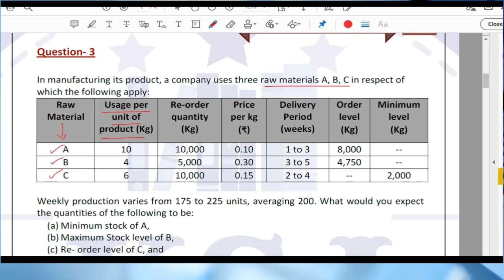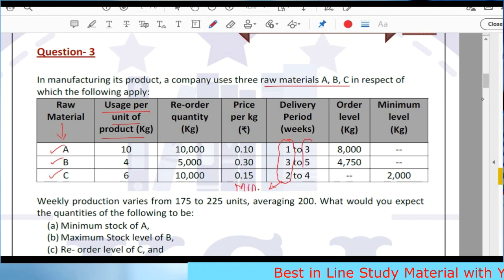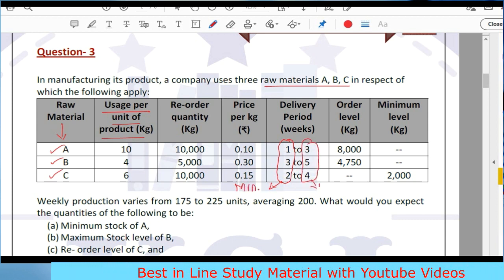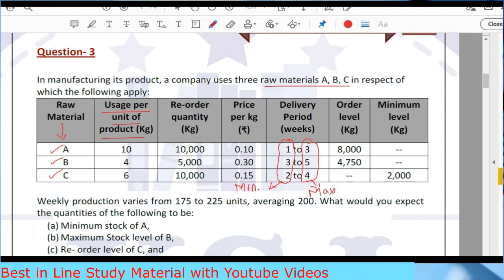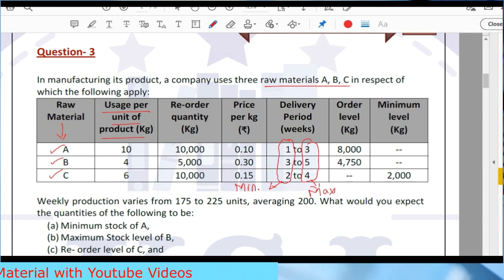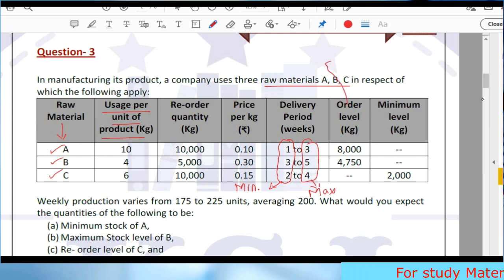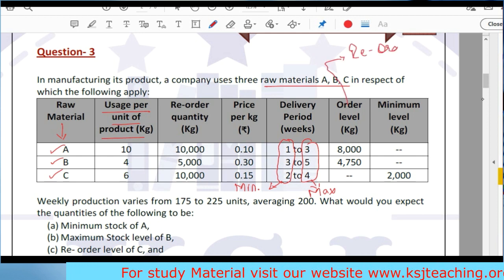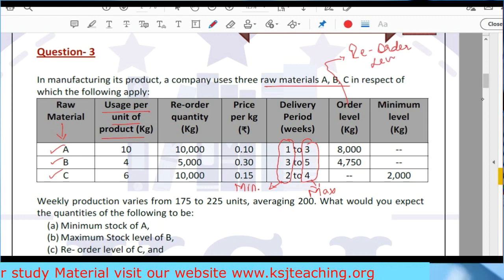The first number is the minimum period and the second is the maximum lead time; in between these two we will have the average lead time. Now, what is order level? Order level is 8000 and 4750. This order level is nothing but the reorder level.